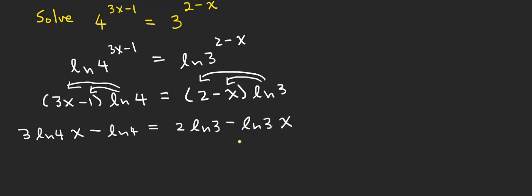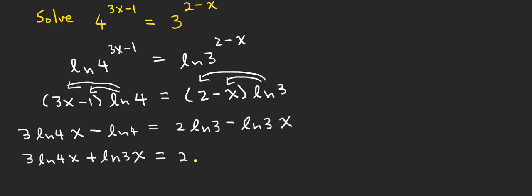Now we need to put the x's together. So I'm going to add positive natural log of 3 times x to both sides. You're going to get 3 natural log of 4 times x plus natural log of 3 times x. And then I'm going to add natural log of 4 to both sides.